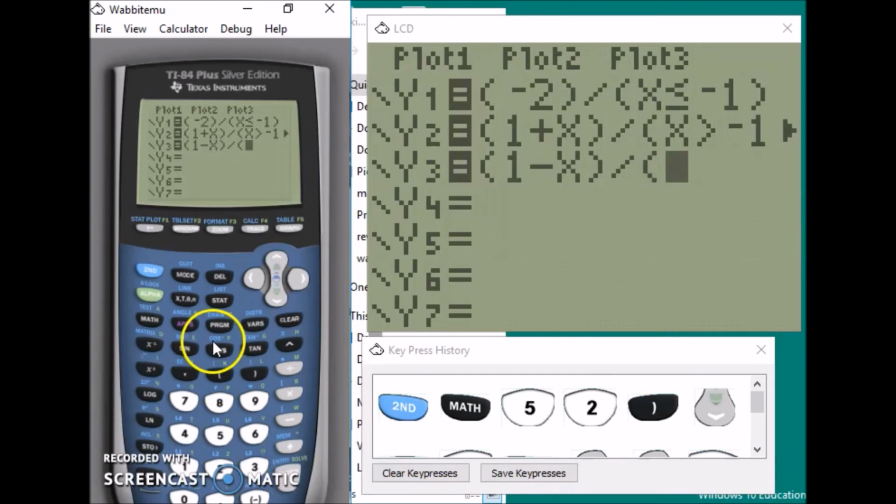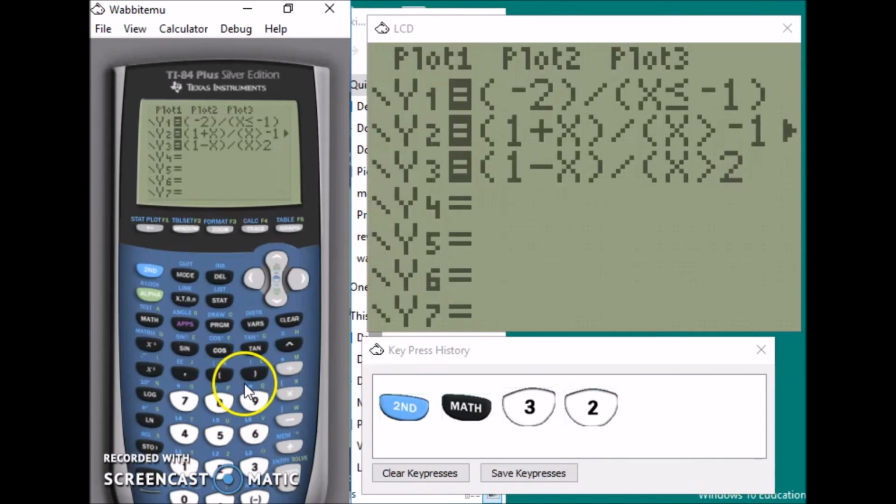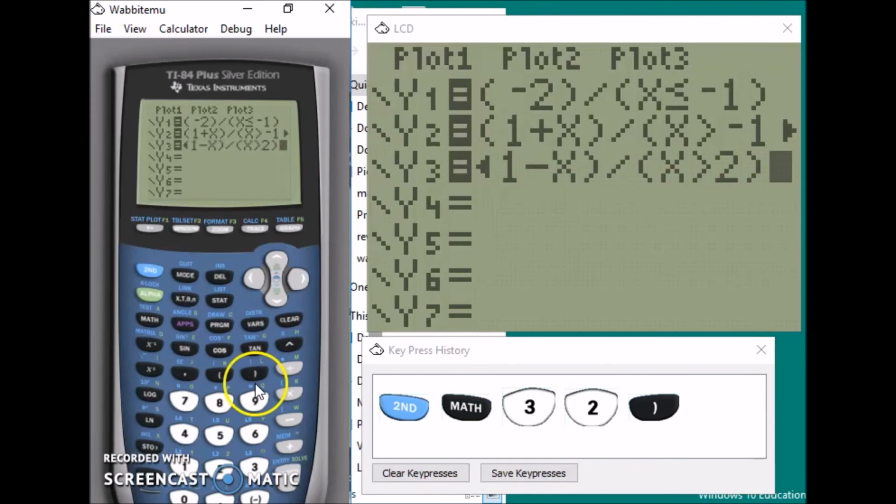This one will be x is greater than 2. Alright, once I have all 3 of them, you'll notice my equal signs are highlighted. It's actually going to graph all 3.